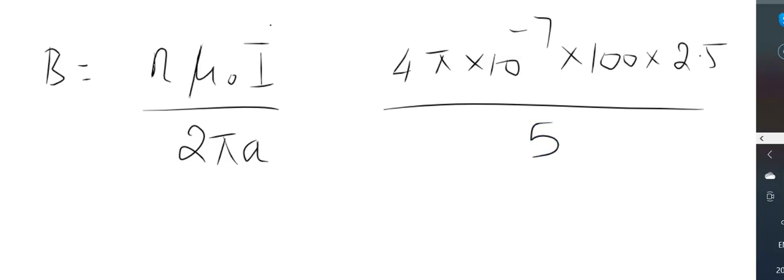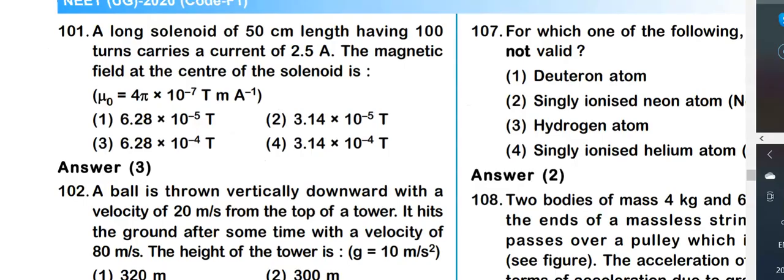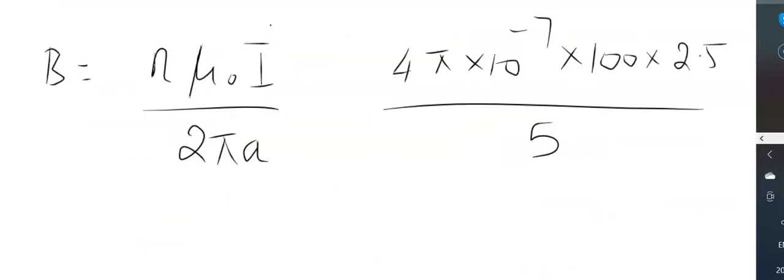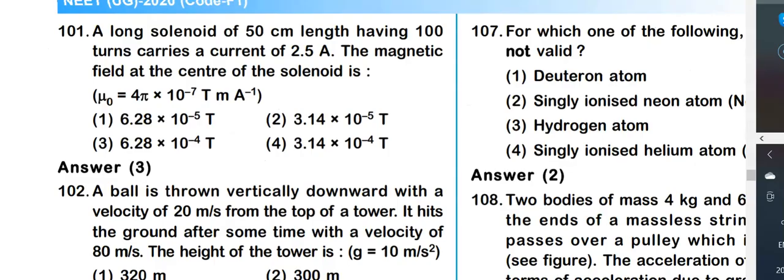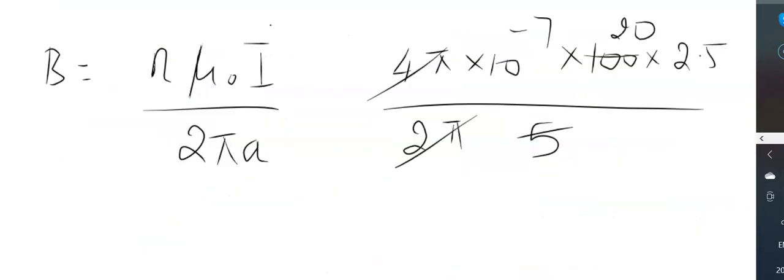Mu 0 is 4 pi into 10 to the power of minus 7, so this 2 pi and 4 pi will get cancelled. I'm sorry children, I made a mistake once again. This is now going to be mu 0 by 2 pi, which is 4 pi into 10 to the power of minus 7. So when we cancel this, I can cancel 5 and 100, that will give you 20.